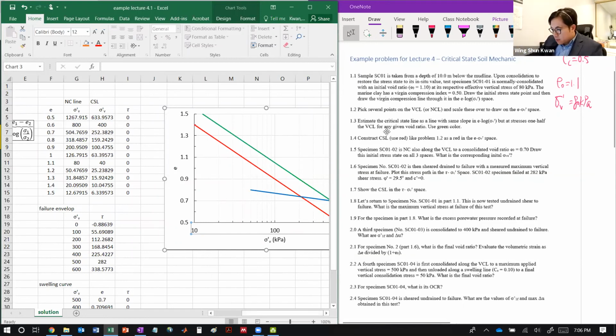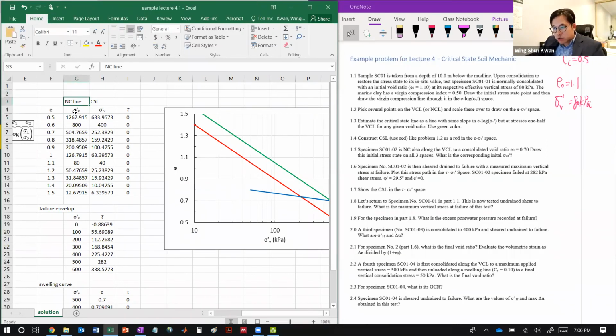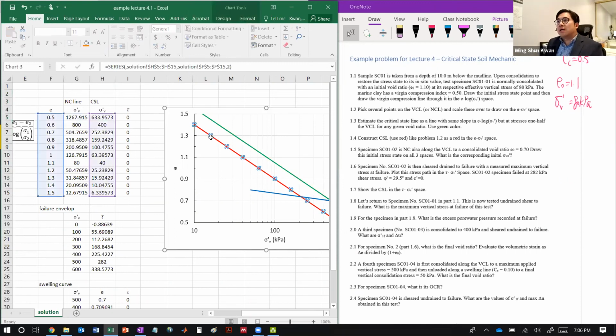Here it is just half. So this is my normally consolidated line, and the critical state line will be half of the normally consolidated line. I divide the whole thing by half, then I get my critical state line.